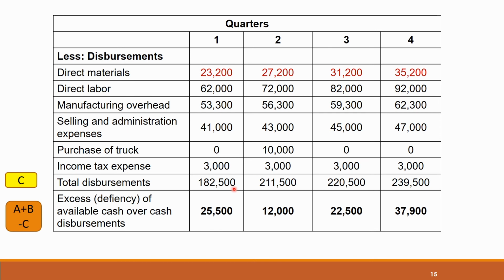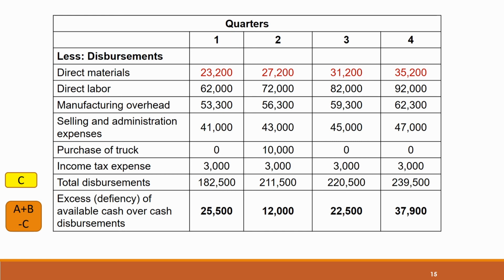The next step, we have to calculate excess or deficiency of available cash over cash disbursement. And you can find out there is an excess amount from the first quarter, 25,500. You can calculate based on the previous PowerPoint, and you can find out there is an excess of available cash over cash disbursement.